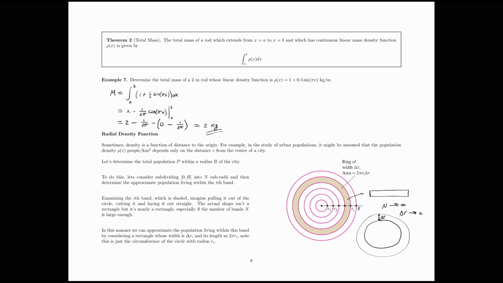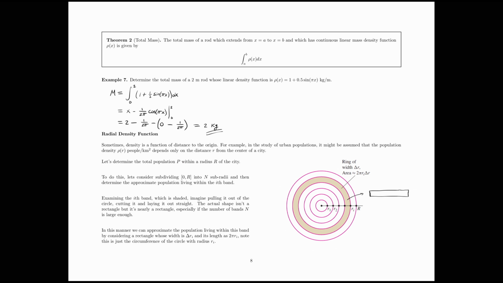So in essence, as delta r approaches 0, the difference between the area of this band and the area of this rectangle is negligible. So we're going to unroll that and we'll have a long, very skinny rectangle. In principle, this distance would be very long compared to this distance here. I just don't want to draw something crazy like that.